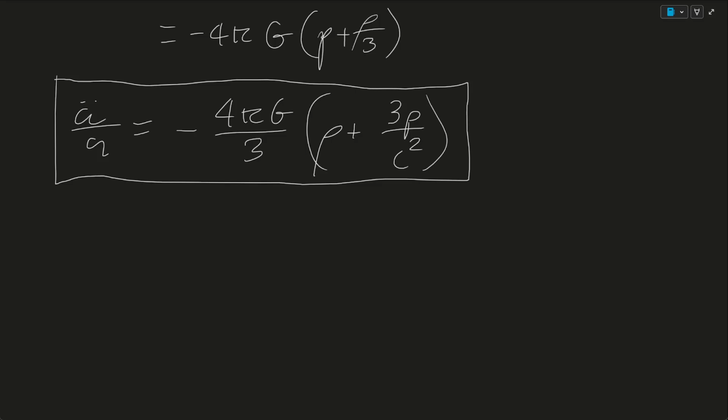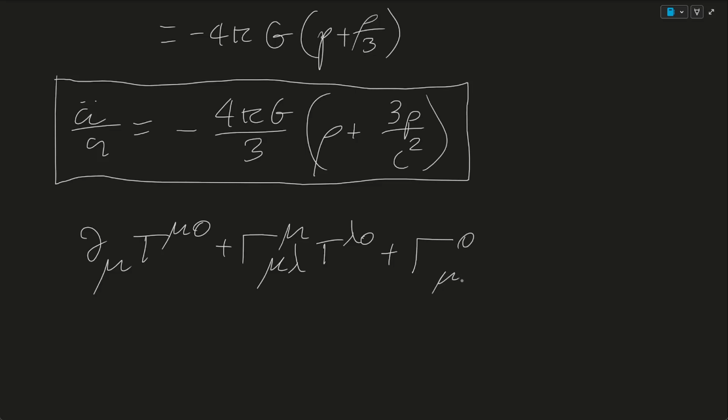Well, these aren't independent. We have a conservation of the energy momentum tensor, which gives us an additional relation, and we can take the nu equals 0 component, giving us the derivative mu of T mu 0 plus Gamma mu lambda mu T lambda 0 plus Gamma 0 mu lambda T mu lambda.